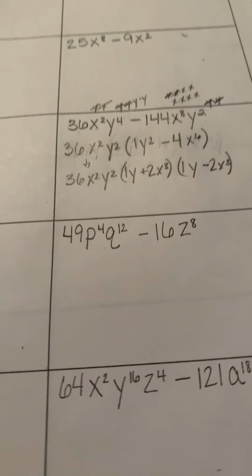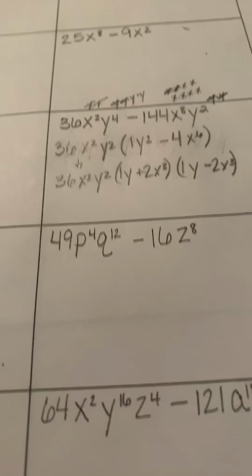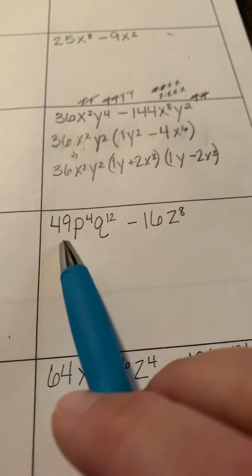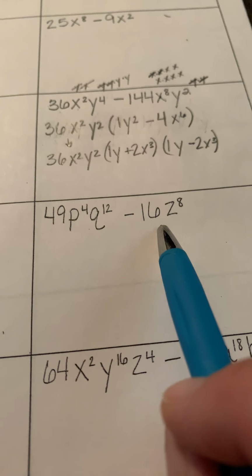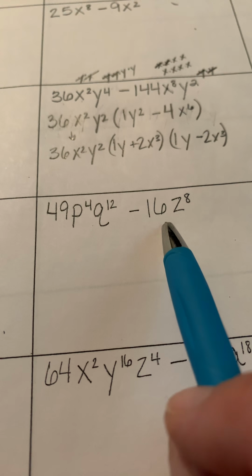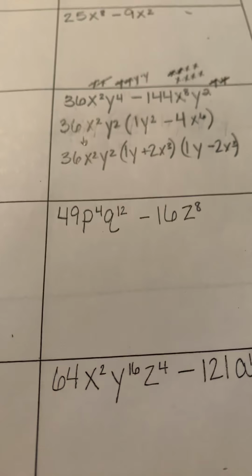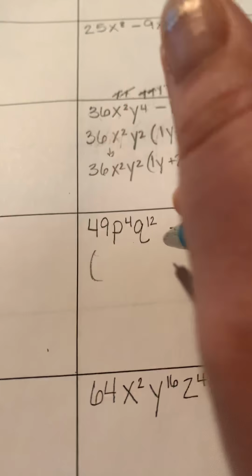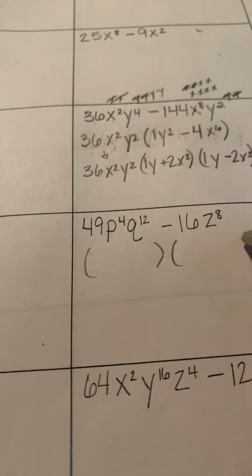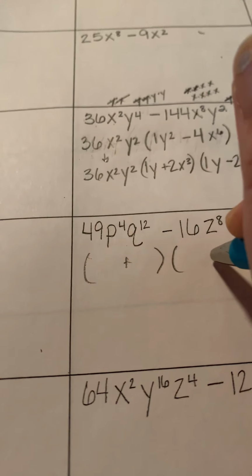We look at the next one. Is there a number that can come out of a 49 and a negative 16? I don't think so, so we can just set up our 2 sets of parentheses.